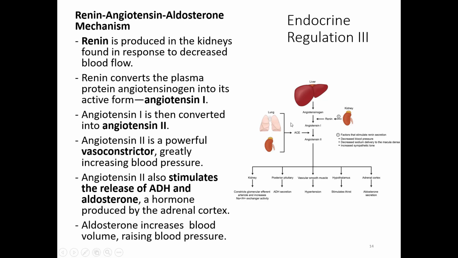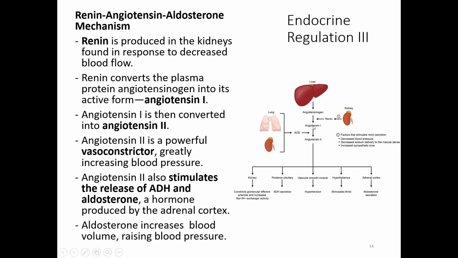Renin-angiotensin-aldosterone mechanism. Renin is a hormone produced by the kidneys in response to decreased blood flow, low blood pressure. Liver produces angiotensinogen, that is a protein, and under the influence of renin, it's converted into its active form, angiotensin 1. Both of them are proteins.